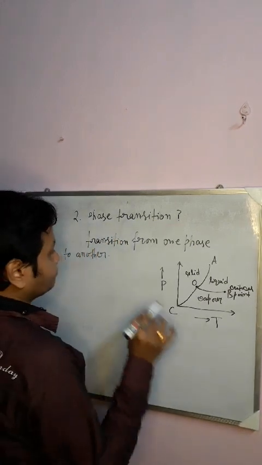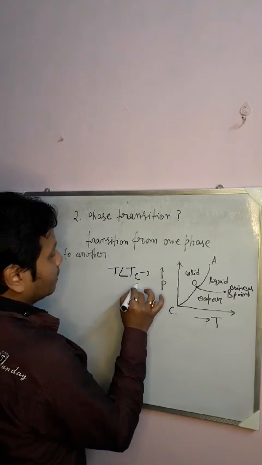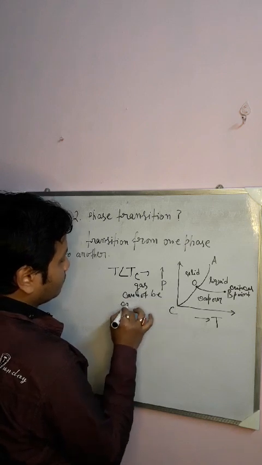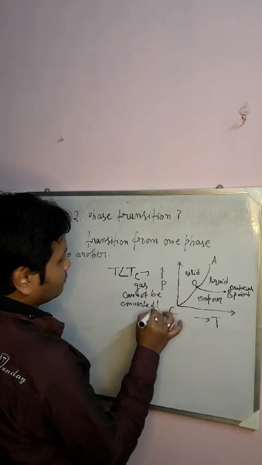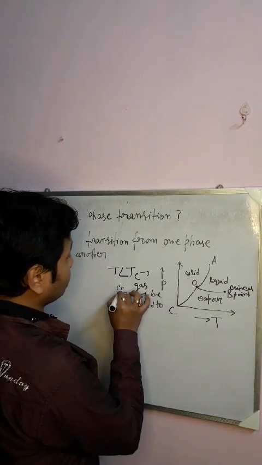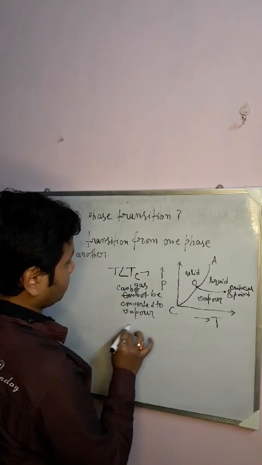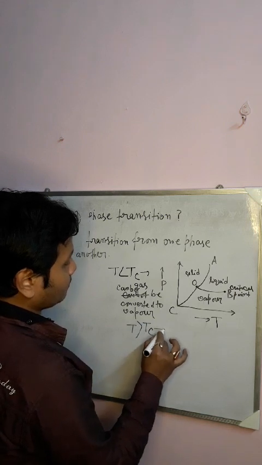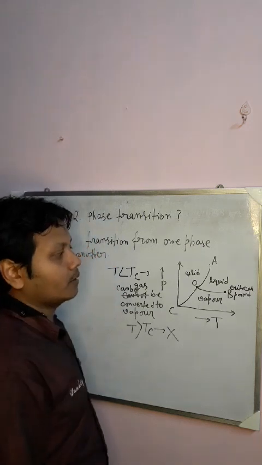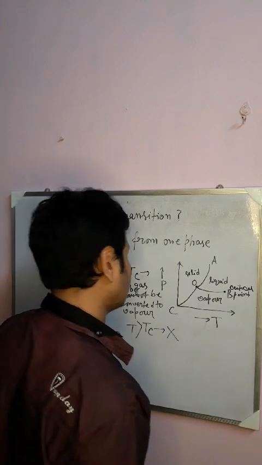Okay, so for T less than Tc, the gas can be converted to liquid. But for T greater than Tc the conversion is not possible, because the critical point is the point beyond which a gas cannot be converted into liquid by mere application of pressure.